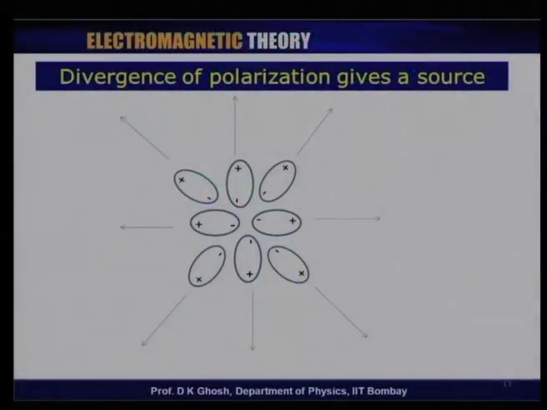Just I will illustrate as to what is happening. Remember, we said minus del dot of P gives me the bound charge density. Now, what actually is happening? The del dot of P is nothing but the divergence of the polarization vector. So, you notice I am showing here pictorially the divergence of the polarization vector. Now, when the polarization vectors diverge, you notice that in the central region a negative charge is created, because the vectors have to be aligned like this, and this now becomes the source of the electric field.